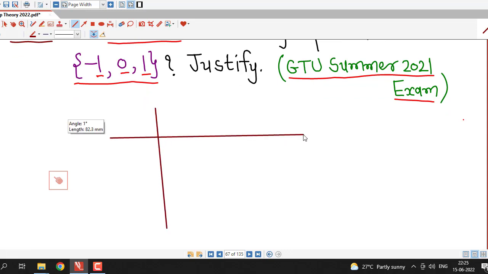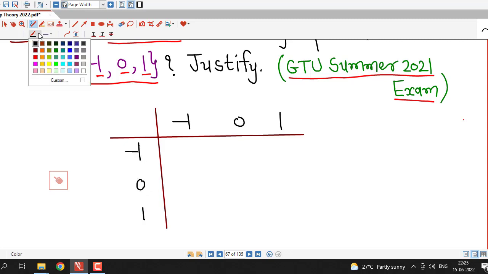So first we draw these two lines, and here we write the given elements: -1, 0 and 1. Here also we write -1, 0 and 1, and here we mention the given operation which is addition.